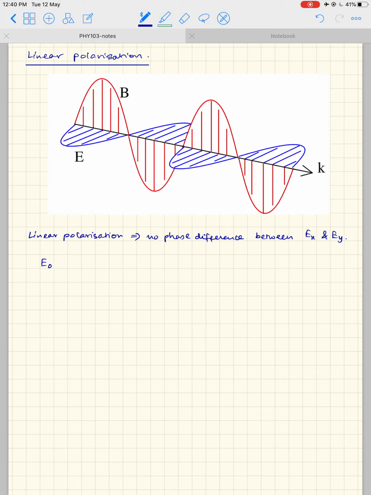E naught is (Ex, Ey, 0), and we will choose the overall phase such that Ex and Ey are real numbers.